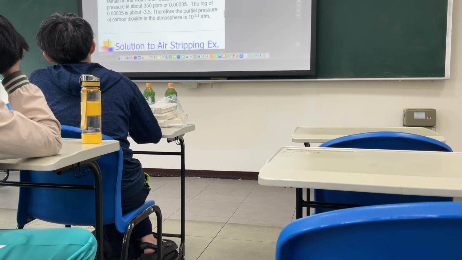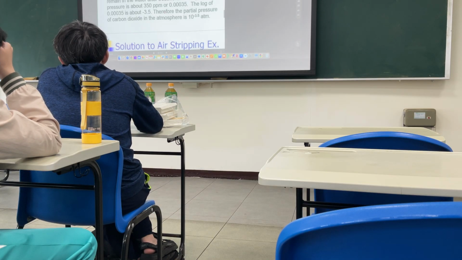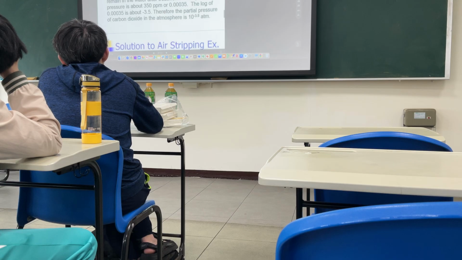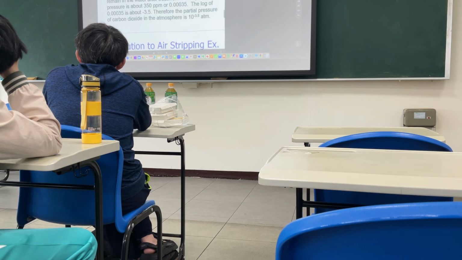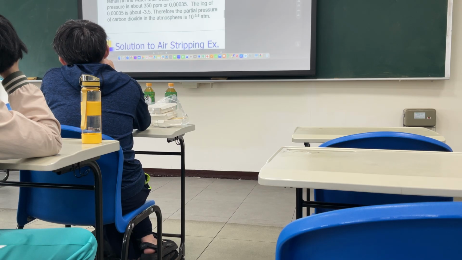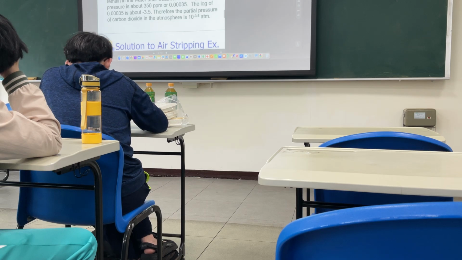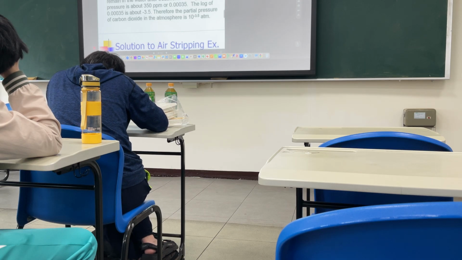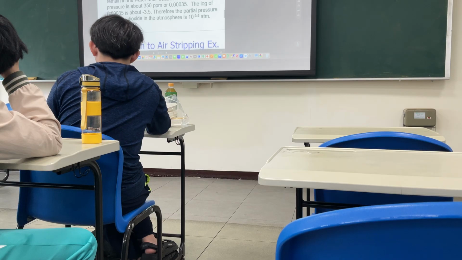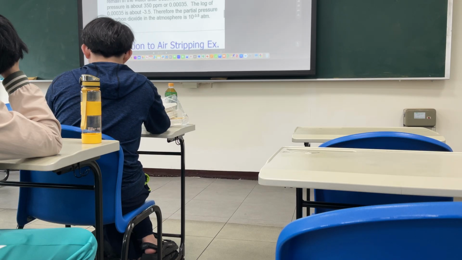An air stripping tower similar to the one shown in the previous slides is used to remove dissolved carbon dioxide gas. So we try to remove carbon dioxide from the groundwater supply.